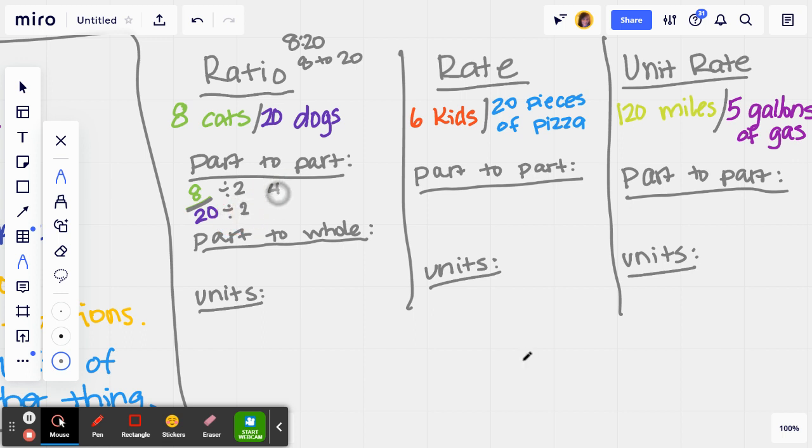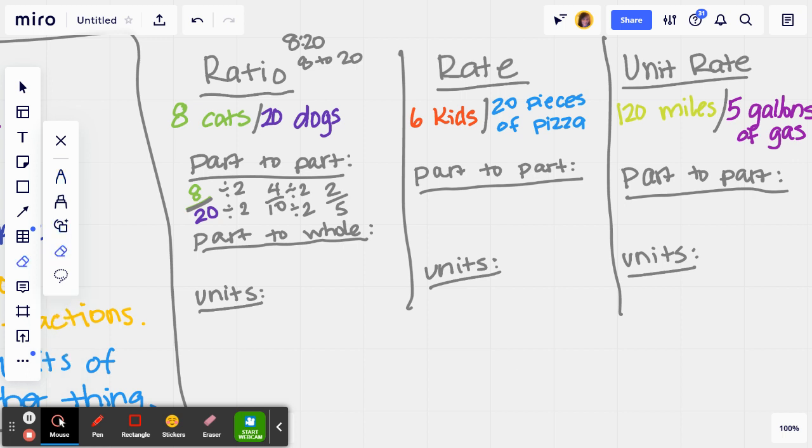We would end up with 4/10. Well, that's not all the way reduced either. Look, we can divide by 2 again, and now we're going to get 2/5. And that would be where we were done. So that absolutely works. If you don't know what the greatest common factor is and you want to just keep dividing by 2s and 3s until you're done, that is perfectly fine.